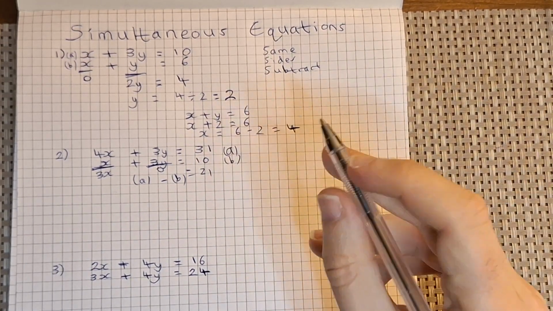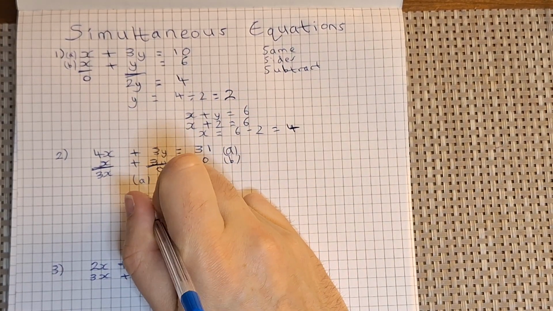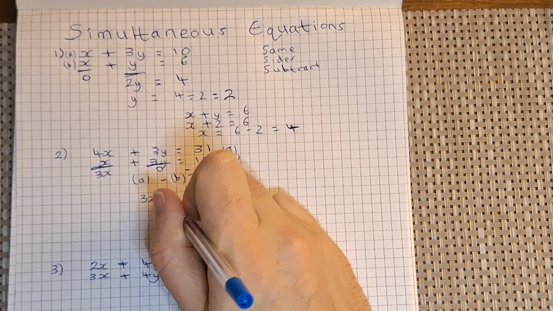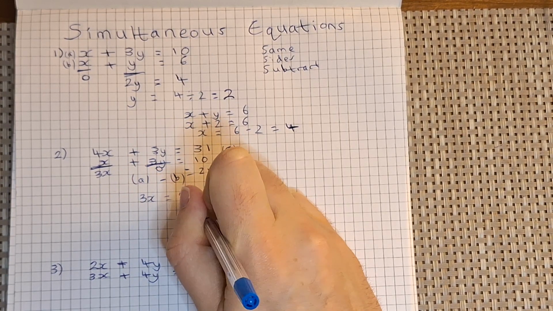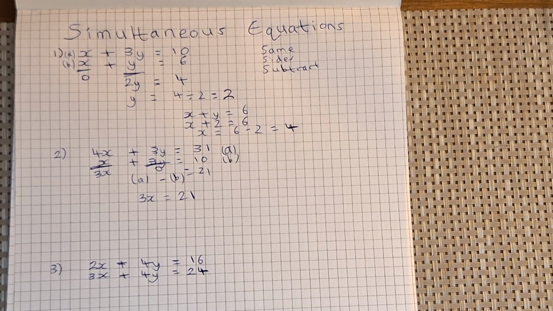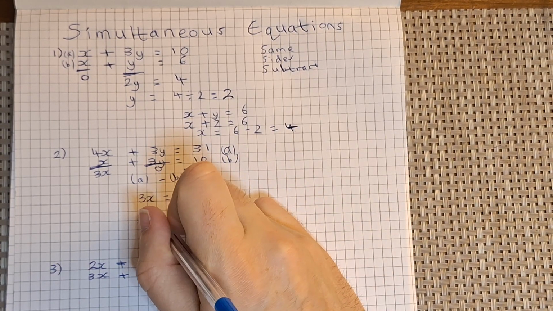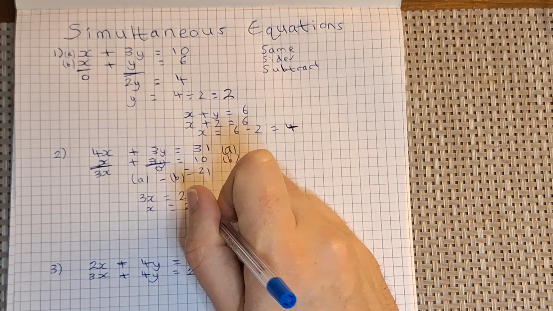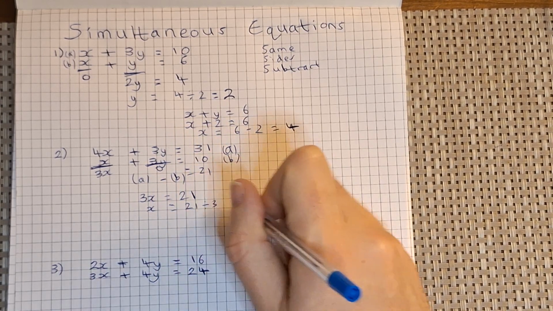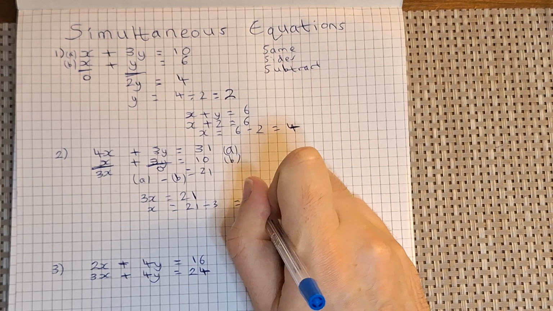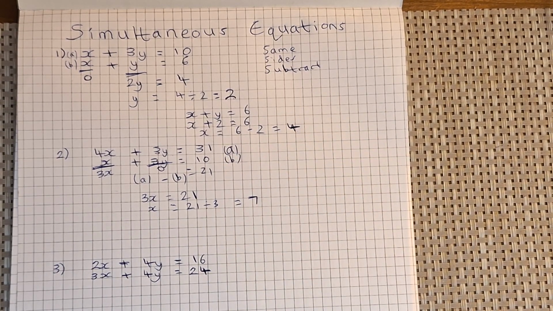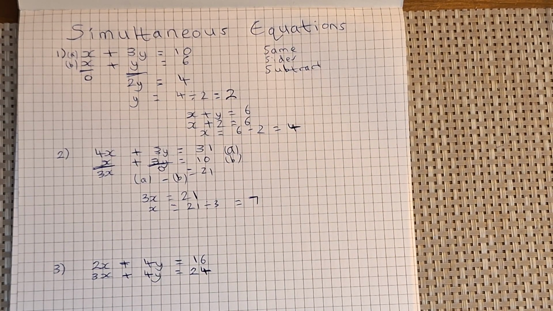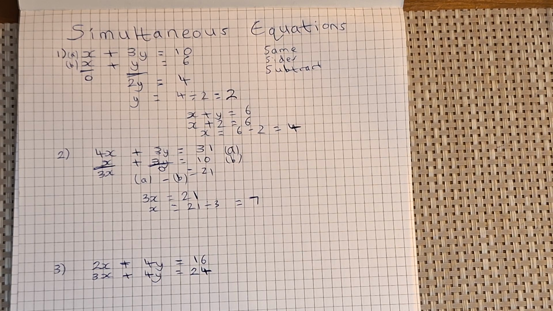So we have 3x equals 21. 3 times a number equals 21. We know that 3 times 7 equals 21, so x equals 21 divided by 3, which equals 7.